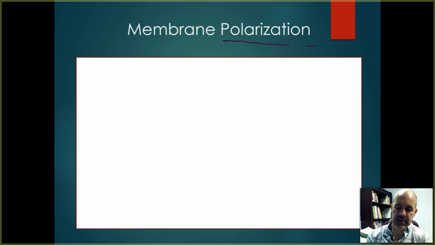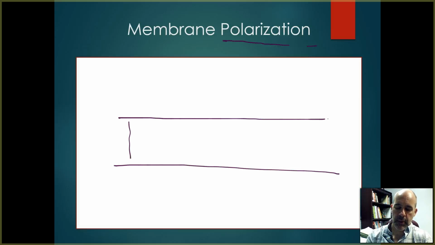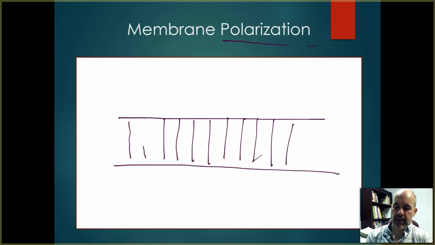So if we're zooming in here on part of a motor neuron cell membrane, we have learned that you have various ions, positively charged and negatively charged substances on one side of the membrane versus the other.